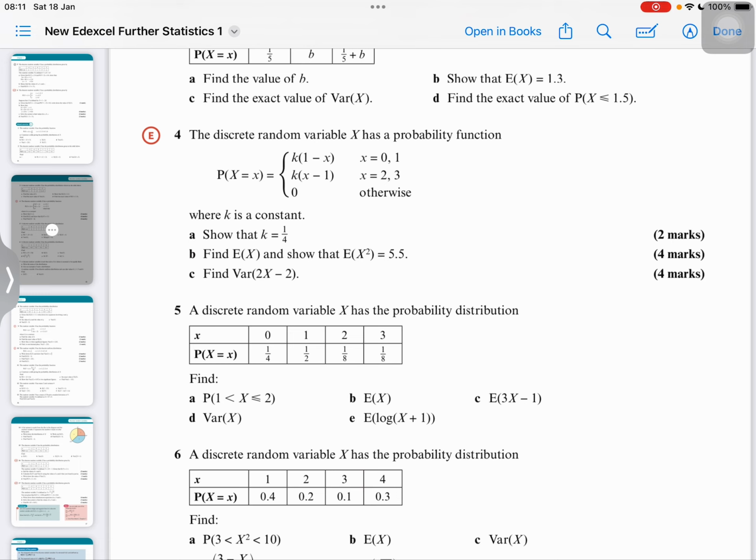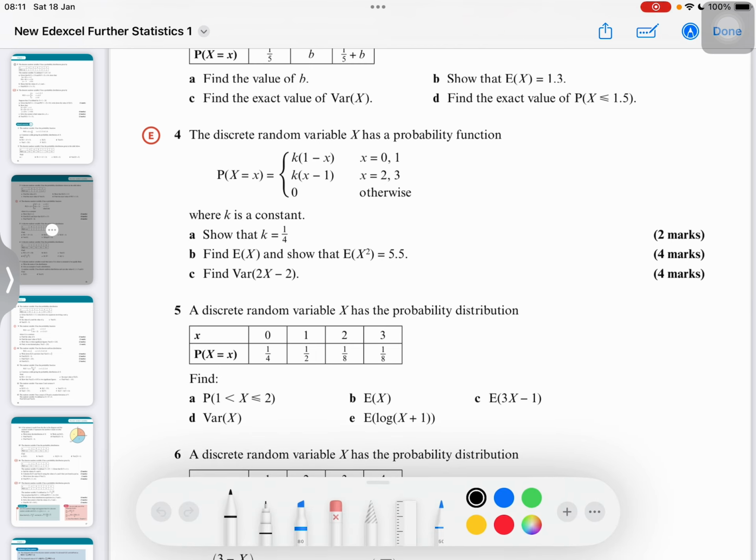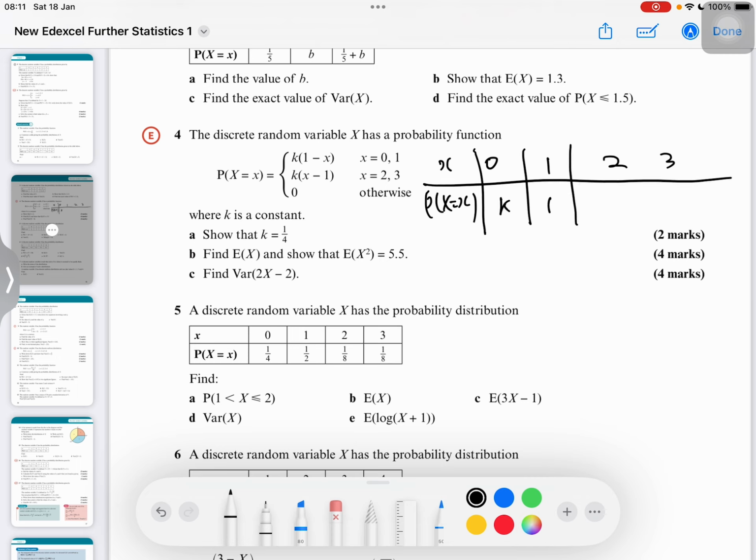So k equals 1/4. Let me compose the table with that. The sample space is 0, 1, 2, 3. This is x and the probability of x. When x equals 0 it is k, 1 is 0, 2 is k, 3 is 2k.